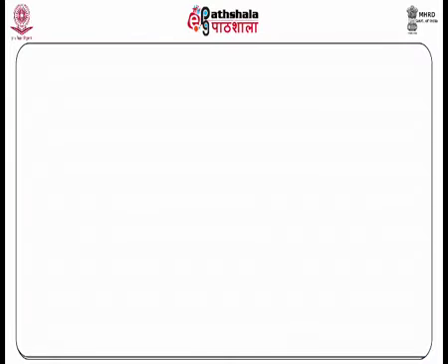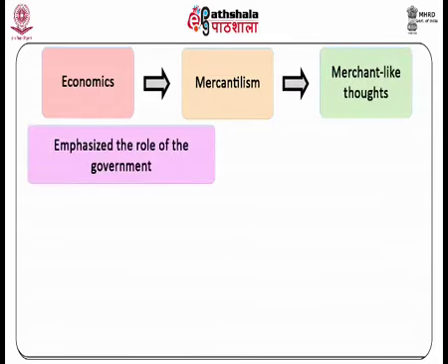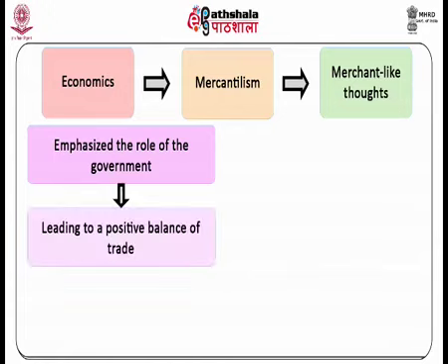Even though the term economics had not come into usage, there was thinking on economic issues in Western Europe from the 16th to the late 17th century that went by the name of mercantilism or merchant-like thoughts. It emphasized the role of the government in following policies leading to a positive balance of trade and was thought to be the index of the country's prosperity.